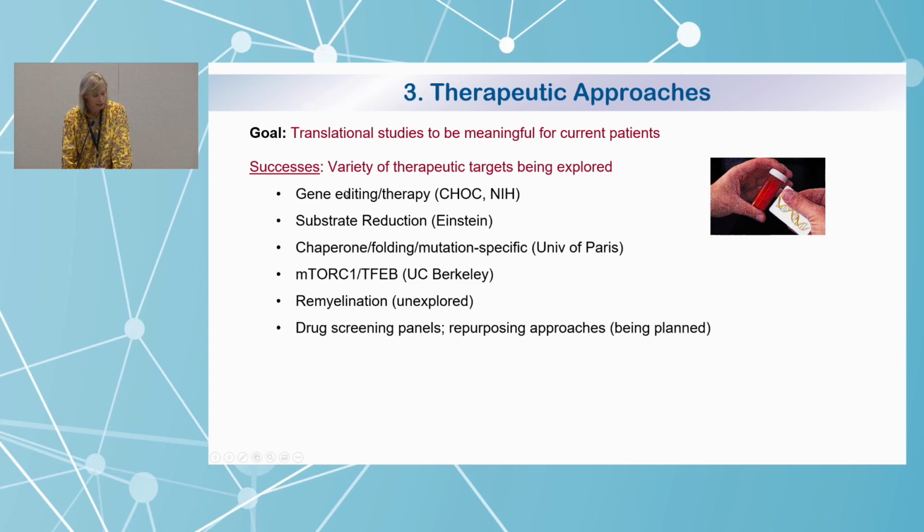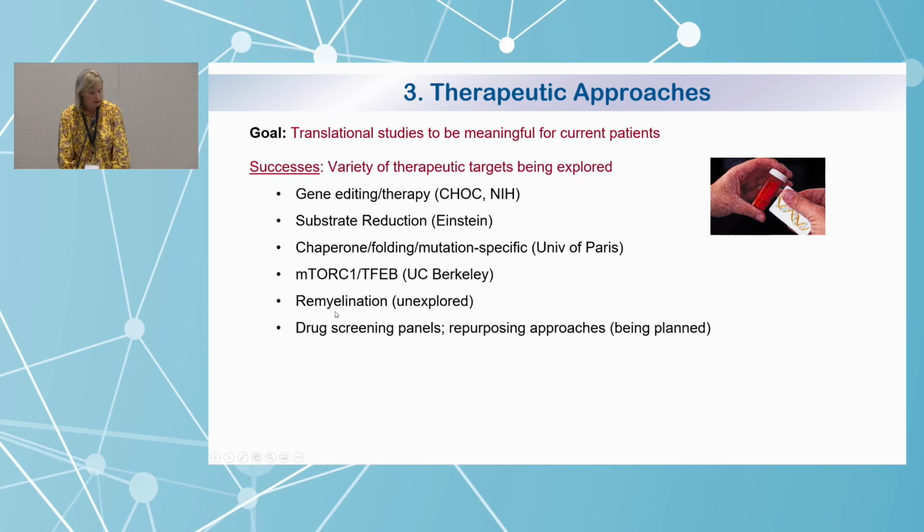So gene editing, especially for the R39Z Finnish mutation, is under investigation, or full gene therapy, substrate reduction therapy, chaperone folding therapies using 3D modeling followed by biochemical assays, the mTORC1 TFEB pathway, interacting drugs or mechanisms are being researched.